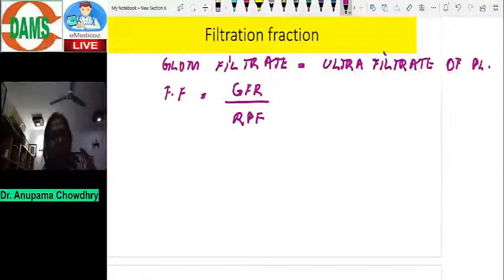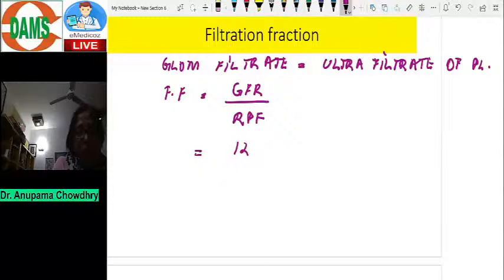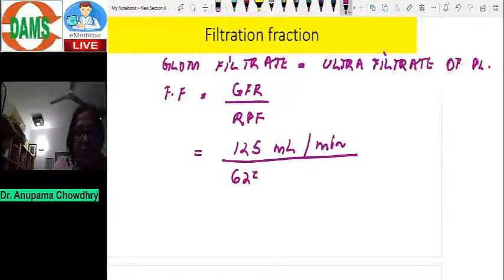So what is filtration fraction? Filtration fraction is, out of the entire amount of plasma which flows into the kidney, how much of it is going to be filtered to form the glomerular filtrate. And how much is normal GFR? This is 125 ml per minute. How much is renal plasma flow? Approximately 625 to 650 ml per minute.